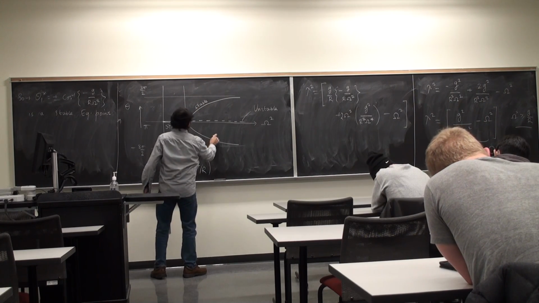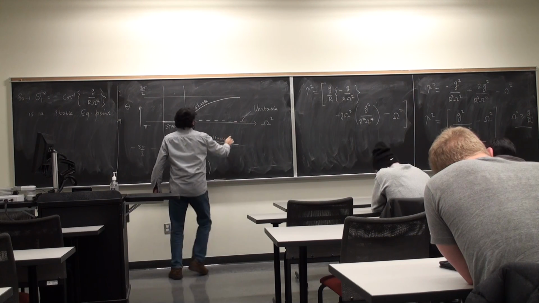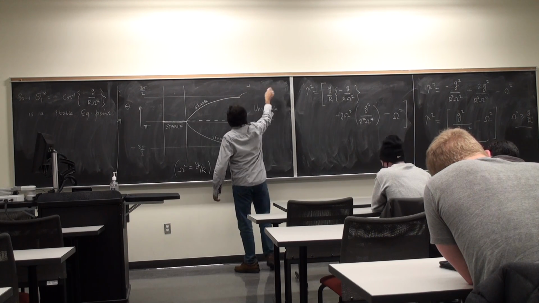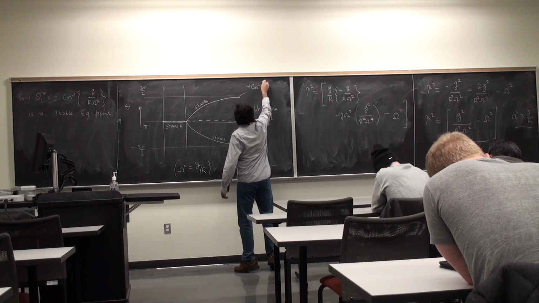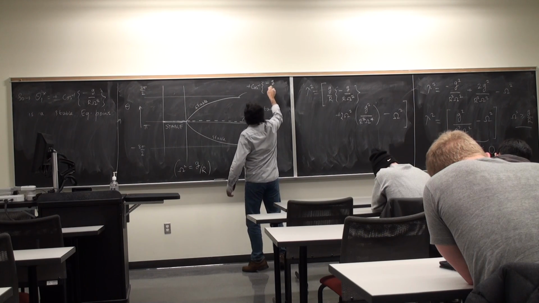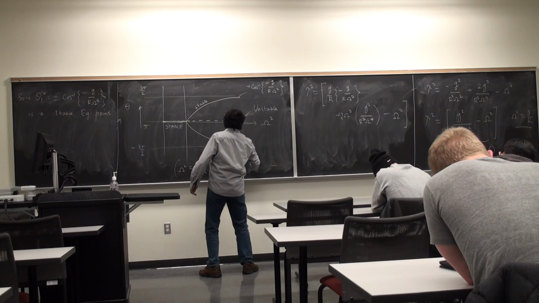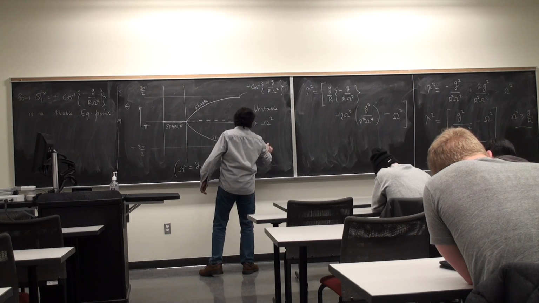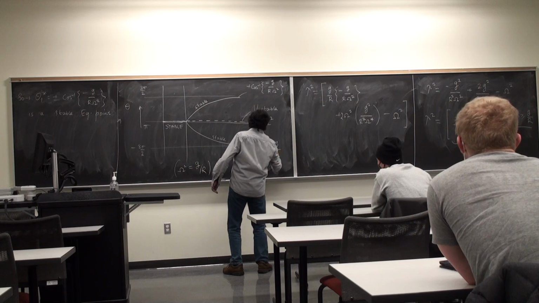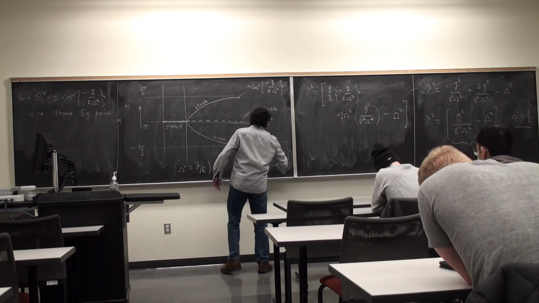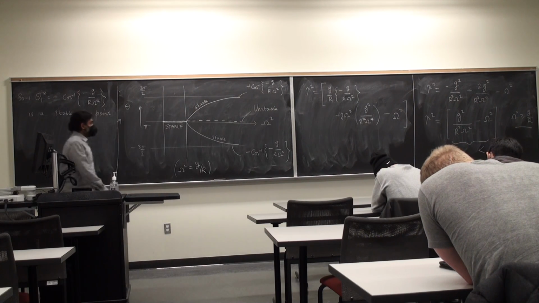Both these regions are stable, and this is just plus cosine inverse of minus g by r omega square, and this is minus cosine inverse of minus g by r omega square.